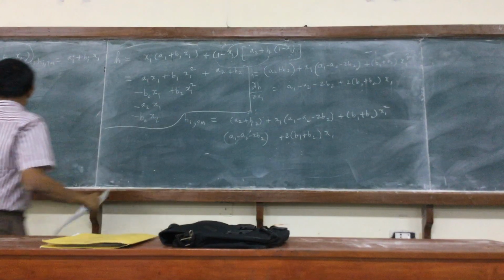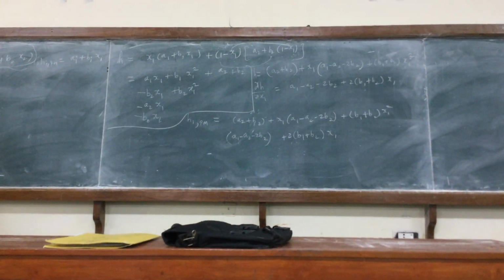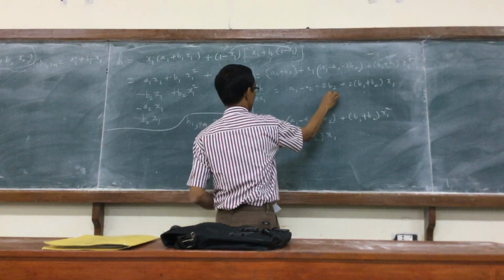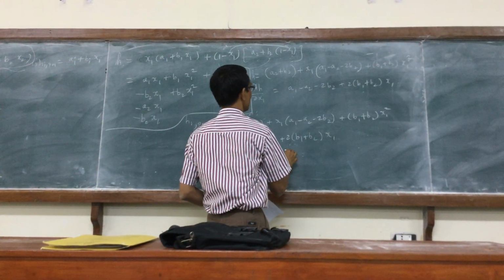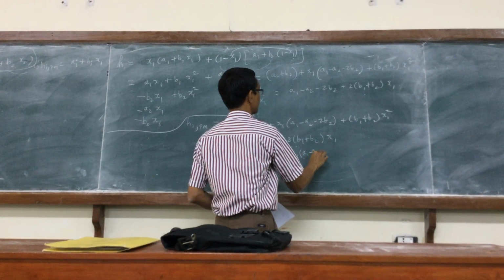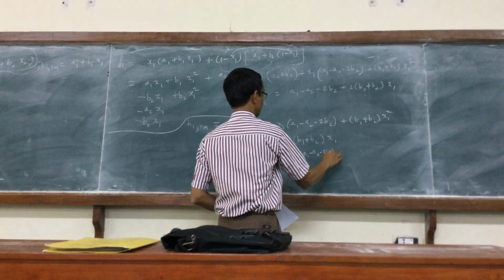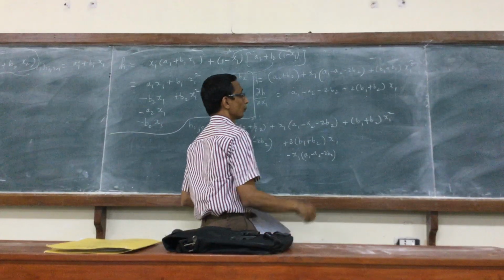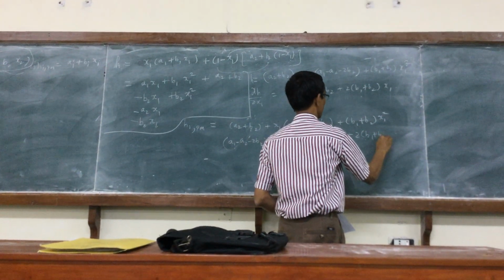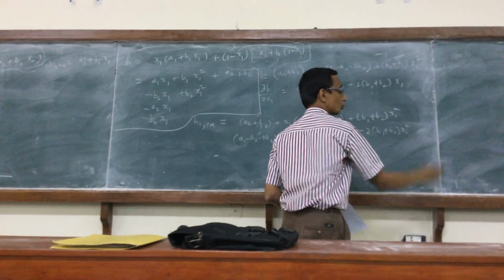And then I have minus x1 times dh by dx1. So I have to do minus x1 of this. So this would be minus x1 times a1 minus a2 minus 2b2, minus 2 times b1 plus b2 times x1 squared.